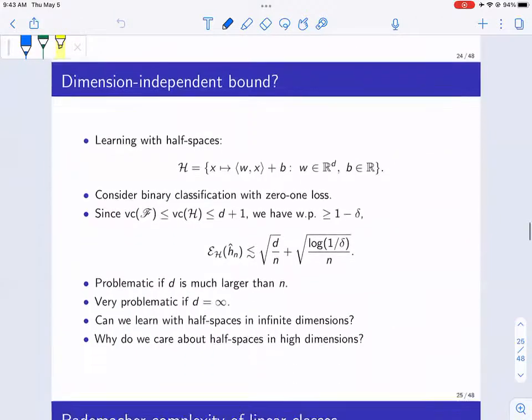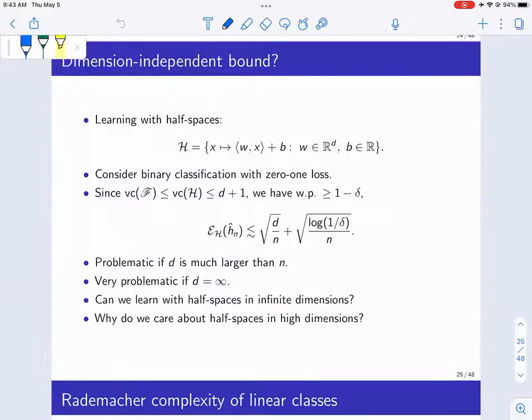Okay, so one thing that we are particularly interested in applying these results to is learning with half spaces. So if you look at this hypothesis class that you're minimizing over, if you recall, the ERM estimator h_n is the argmin over h in the function class of 1 over n summation of L of h(x_i) and y_i.